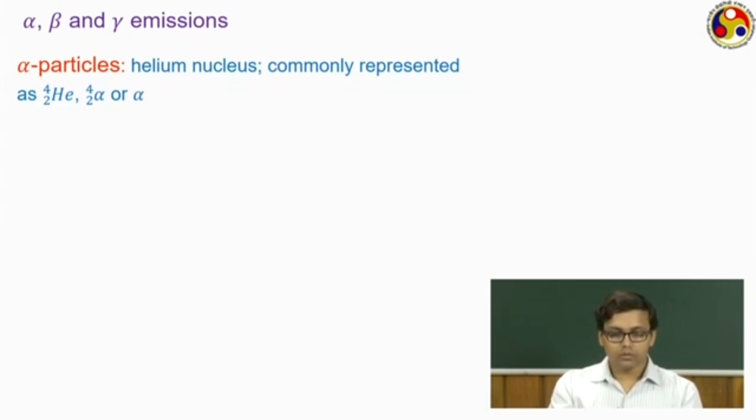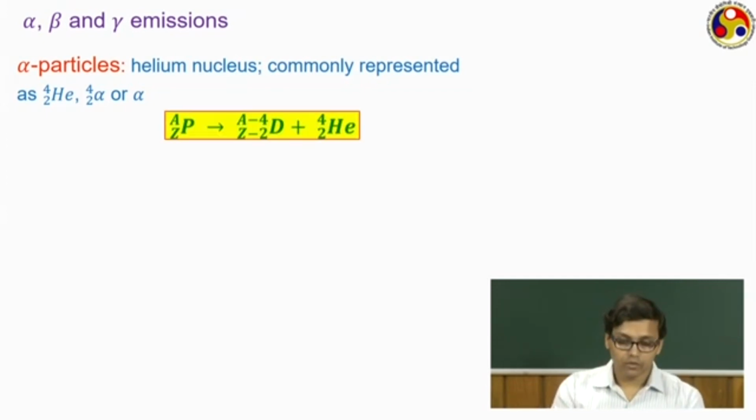So, whenever a parent nucleus undergoes alpha emission or alpha decay, as it is often called, there are 4 nucleons going out of its nucleus. The total number of protons and the total number of neutrons present in the parent nucleus will both reduce by 2 each, and therefore the daughter nucleus will have 2 protons less and 2 neutrons less.